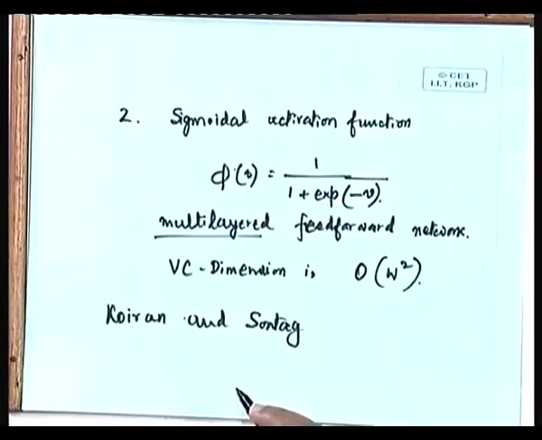Vapnik's theory itself was published in the year 1992, and some further theories were published in 1998. And Koiran and Sontag's results are also quite recent, over the past 6 or 7 years.